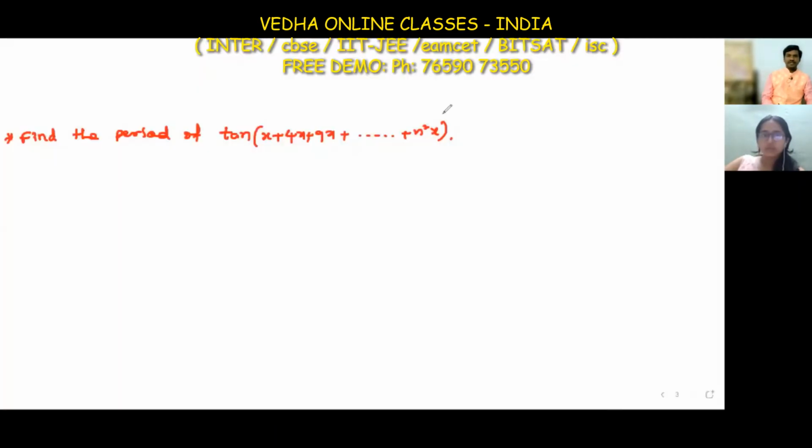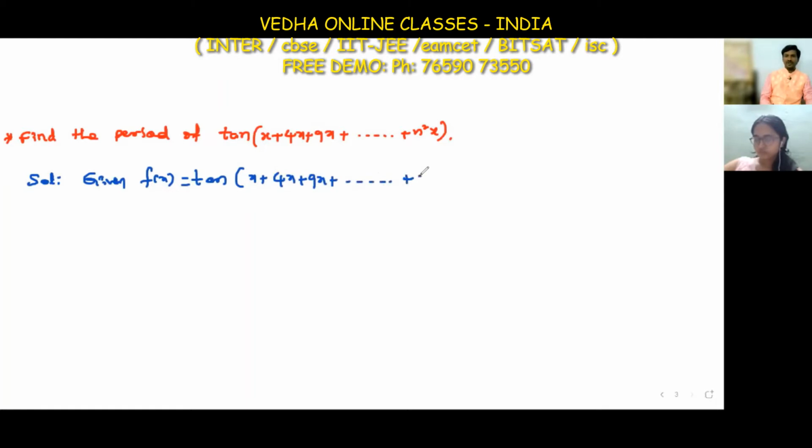So here the question is, find the period of tan of (x plus 4x plus 9x plus and so on plus n square x). So in this question, what is the given function here? Given f of x is equal to tan of (x plus 4x plus 9x plus and so on plus n square x).